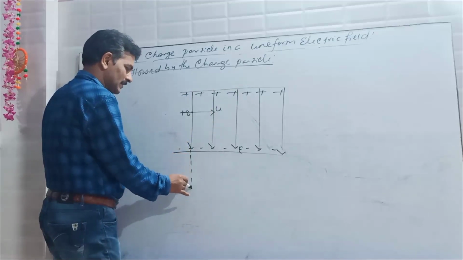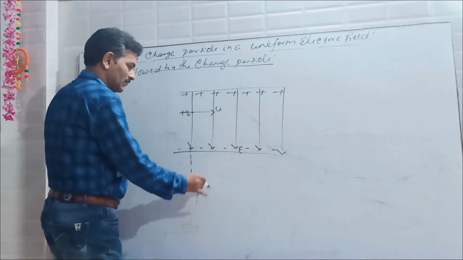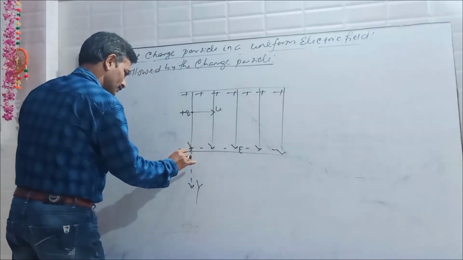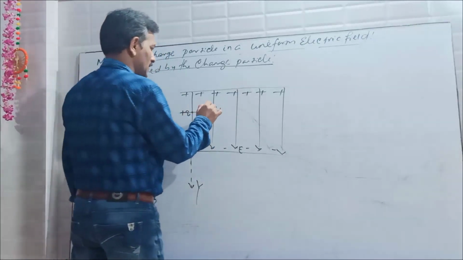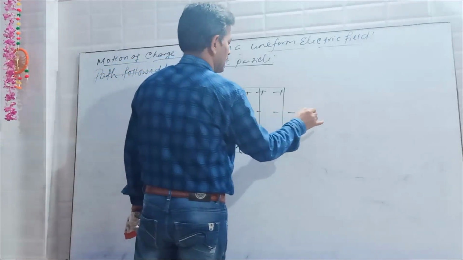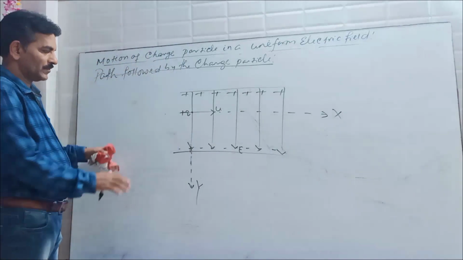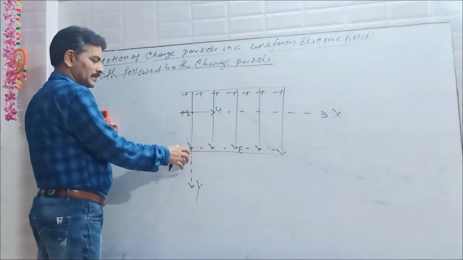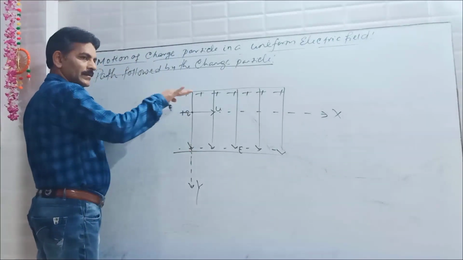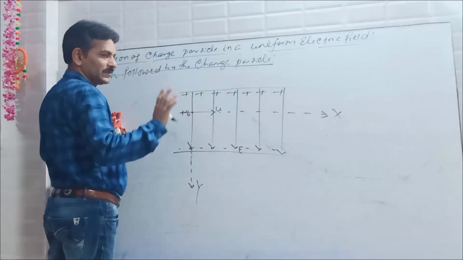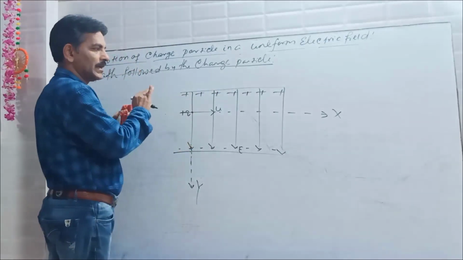We take this as the positive y-axis, and this is the positive x-axis. So the charge particle is projected at right angles to the uniform electric field with initial velocity u along the x-axis.